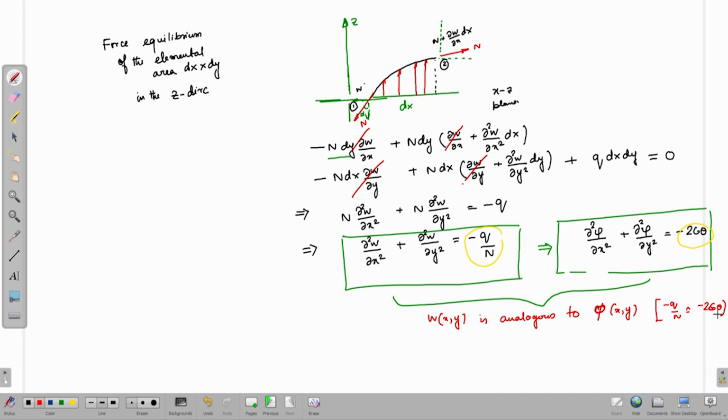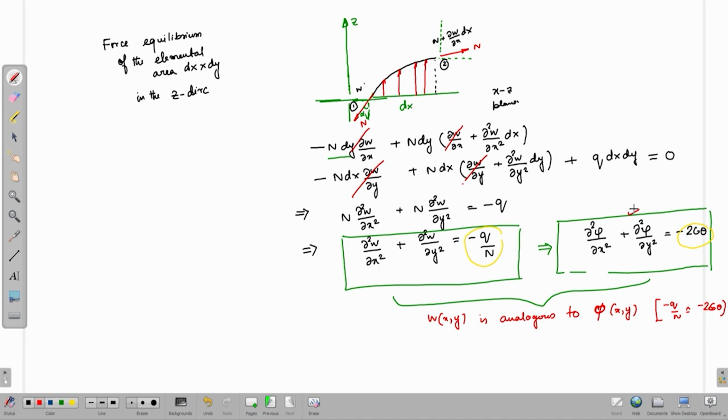So, this is a great technique, because it is practically very useful: for certain arbitrary shapes it is extremely difficult to find a Prandtl stress function which is 0 on the boundary as well as satisfies this constraint. But the deformation of a membrane can be very easily visualized.